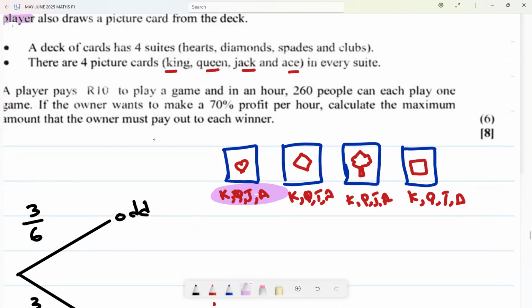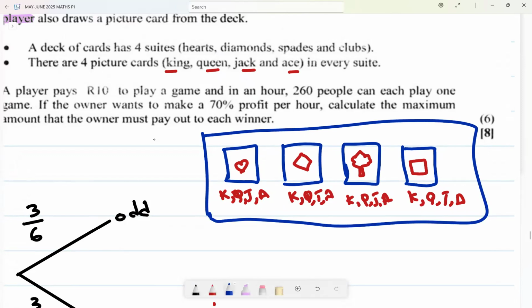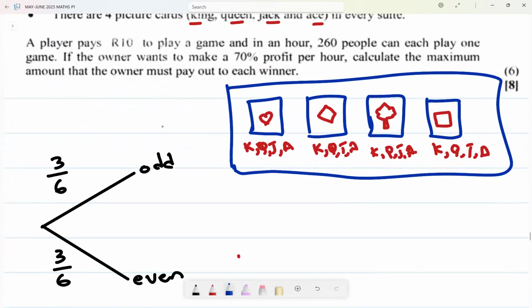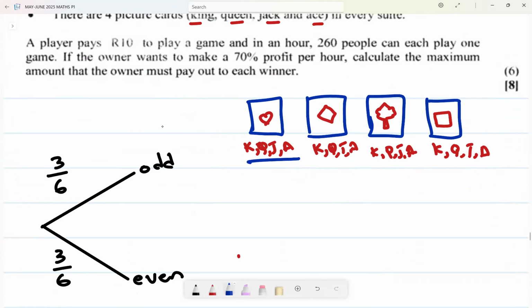So the chance of a player drawing a picture card from a deck is 4 multiplied by 4, which is 16, basically adding this plus this plus this plus this.